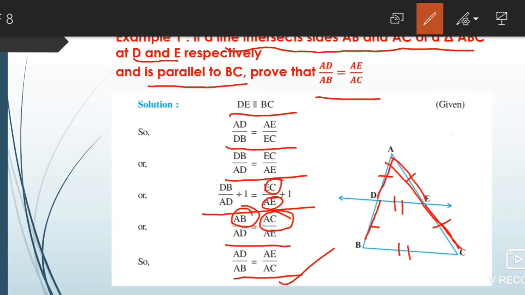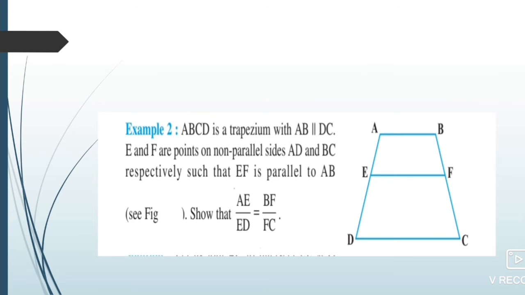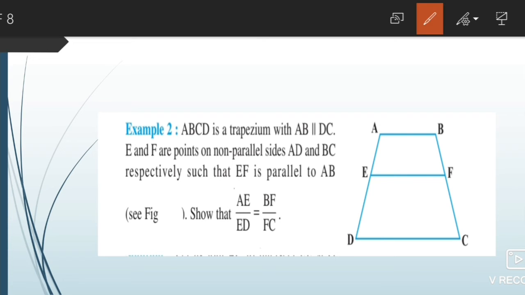Now let's check the next one. Question number 2 is given as: ABCD is a trapezium. As you can see, ABCD is a trapezium where AB is parallel to DC. These two sides are parallel, and AD and BC are non-parallel sides.